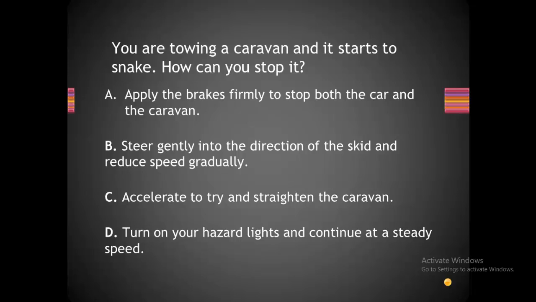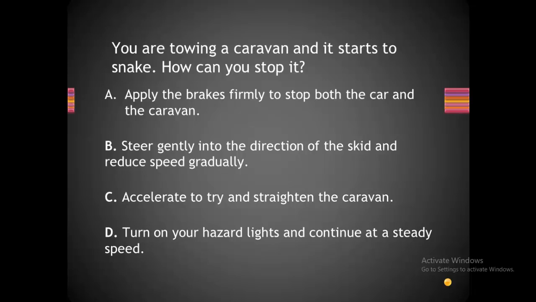You are towing a caravan and it starts to snake. How can you stop it? Option A. Apply the brakes firmly to stop both the car and the caravan. Option B. Steer gently into the direction of the skid and reduce speed gradually.